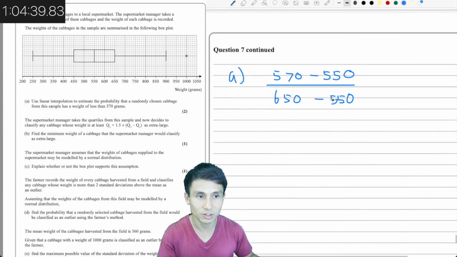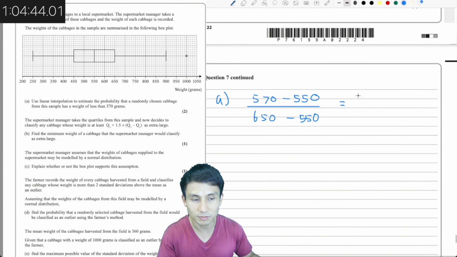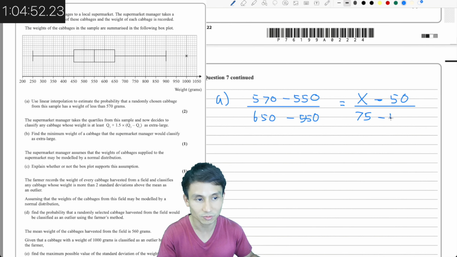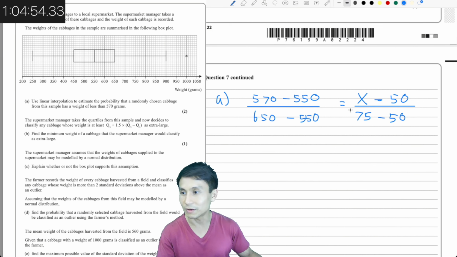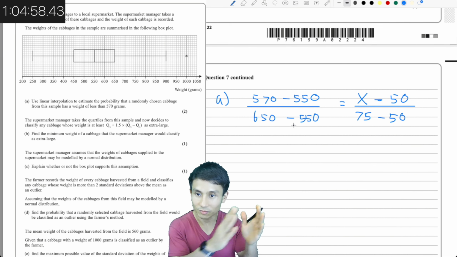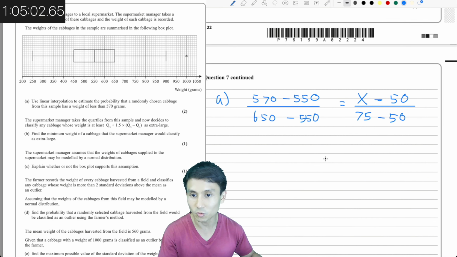And we know that has to be equal to x minus the 50th percentile divided by the 75th percentile minus the 50th percentile. If you find x, that would be the percentage of the population below which the weight is less than that.